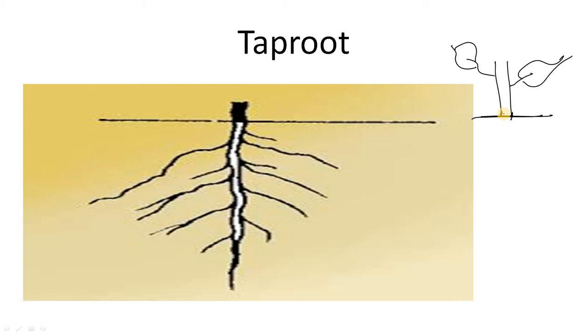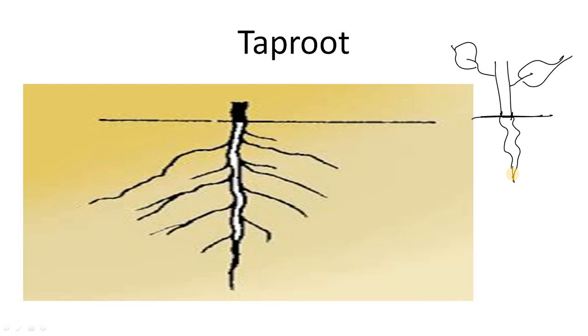The stem ends here at the ground. From here, one single main root grows inside the ground, like this.